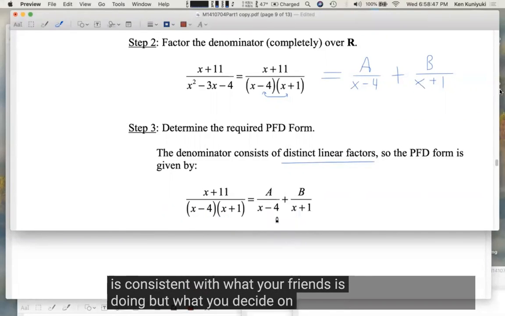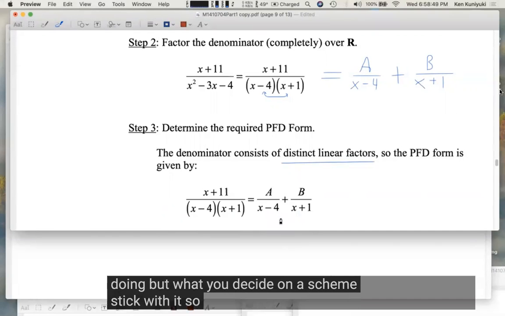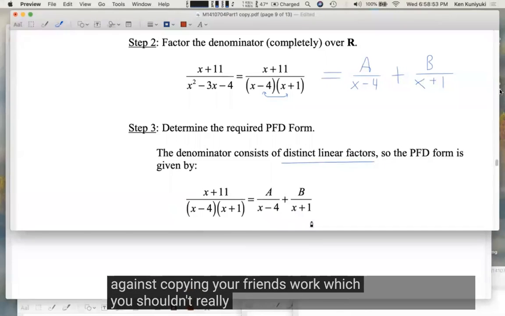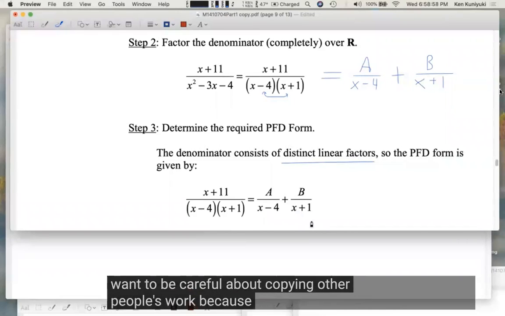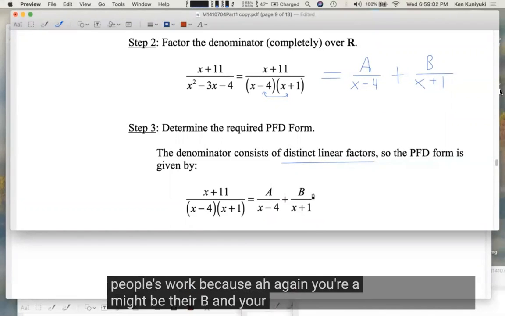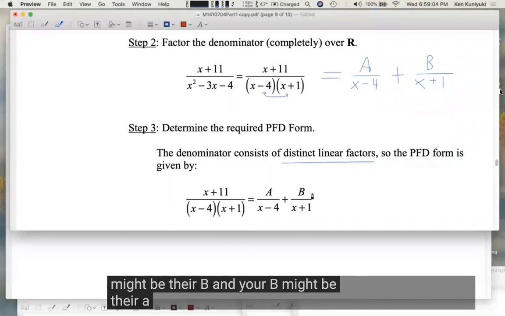But once you decide on a scheme, stick with it. So this is one argument against copying your friend's work, which you shouldn't really be doing anyway. You want to be careful about copying other people's work because your A might be their B and your B might be their A.